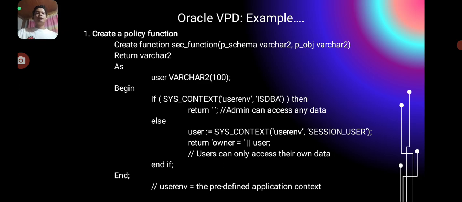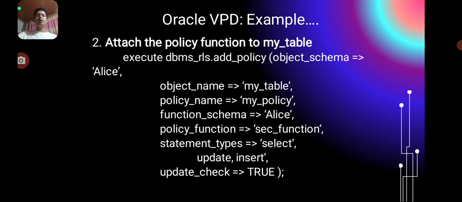Okay, next, attach the policy function to my_table. The syntax is execute DBMS_RLS.ADD_POLICY with the object schema, which is Alice.